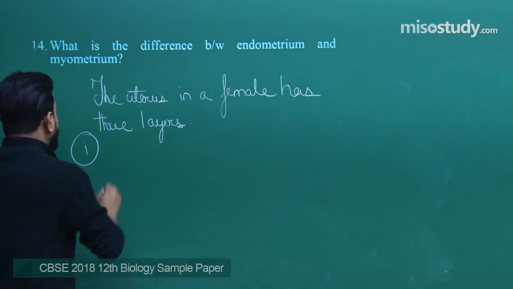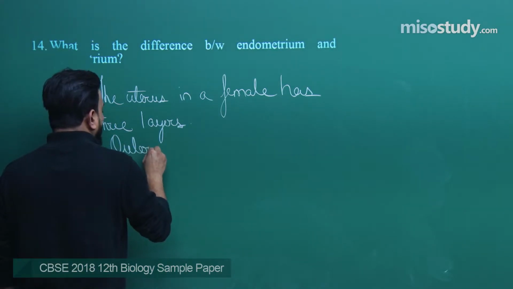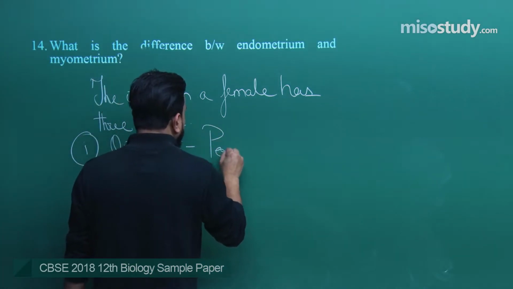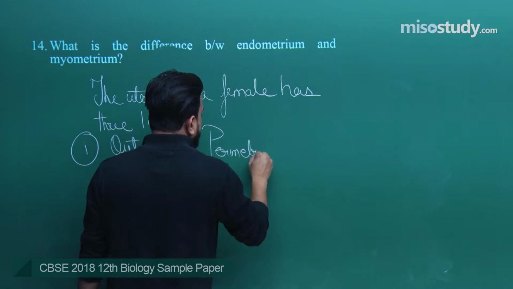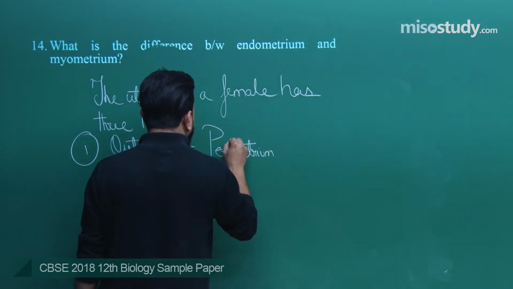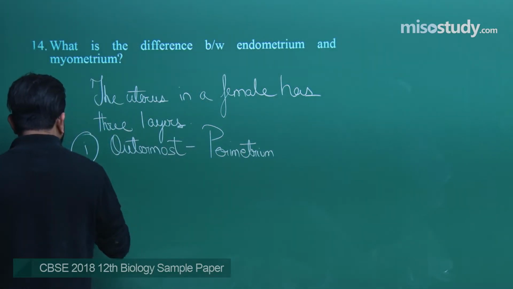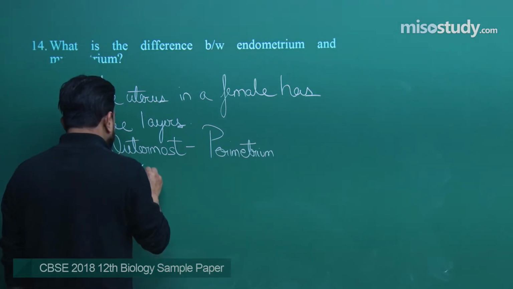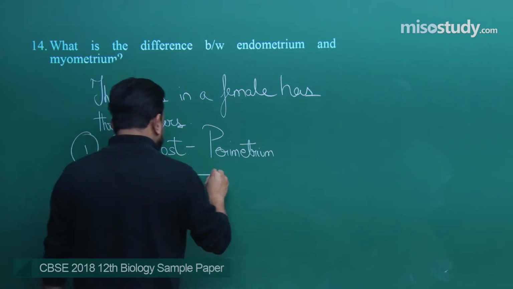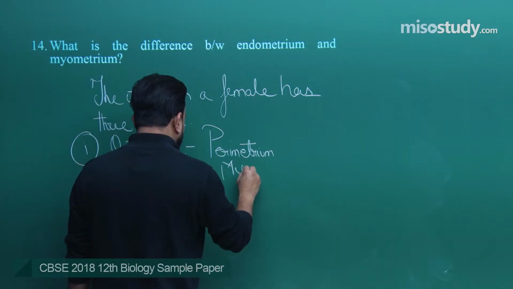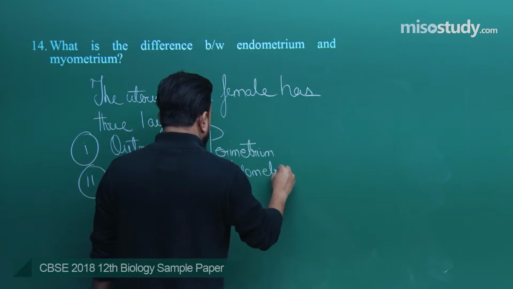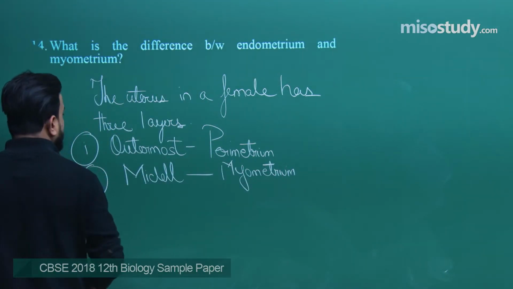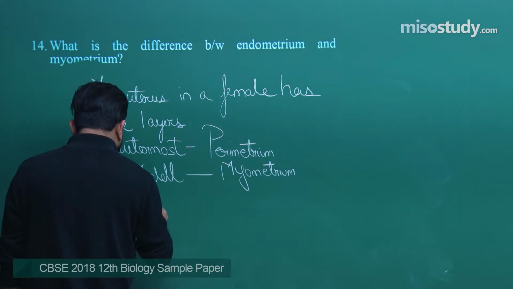Outermost will be the perimetrium. The middle one will be the myometrium, and the innermost is the endometrium.